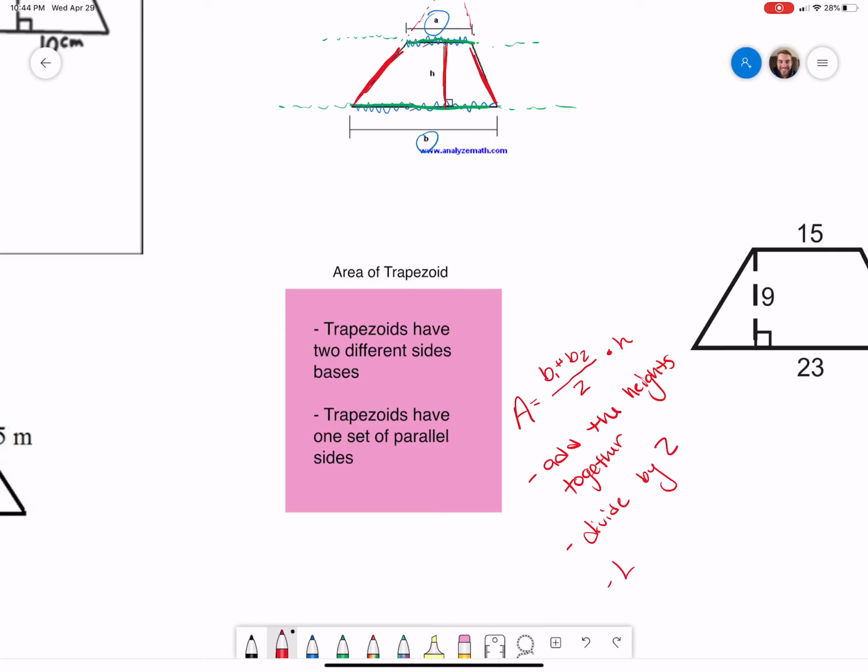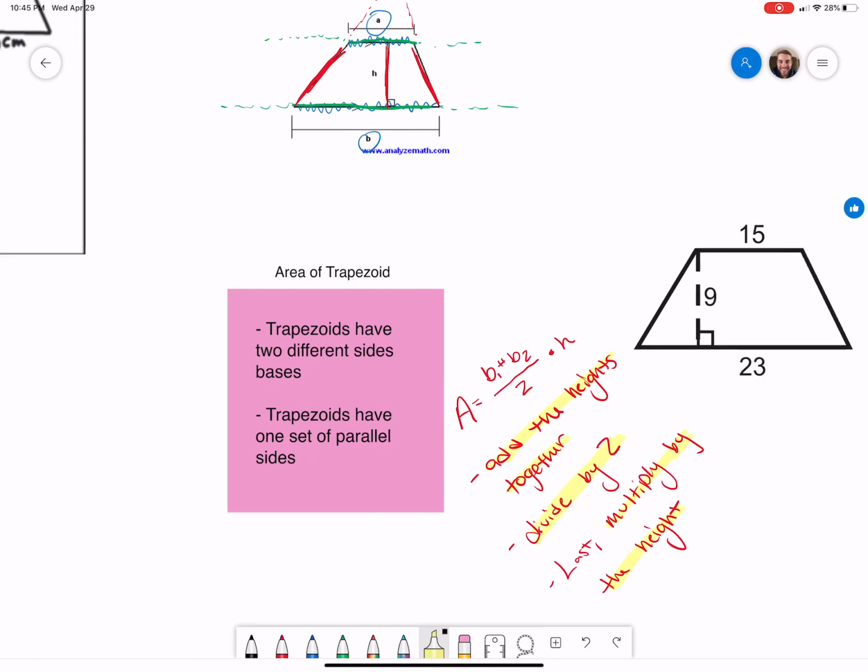And then last, you multiply by the height. Just 3 simple steps: add the bases together, divide that number by 2, and then multiply by the height. So I'm going to do a couple examples. Let's start over with the one over here.